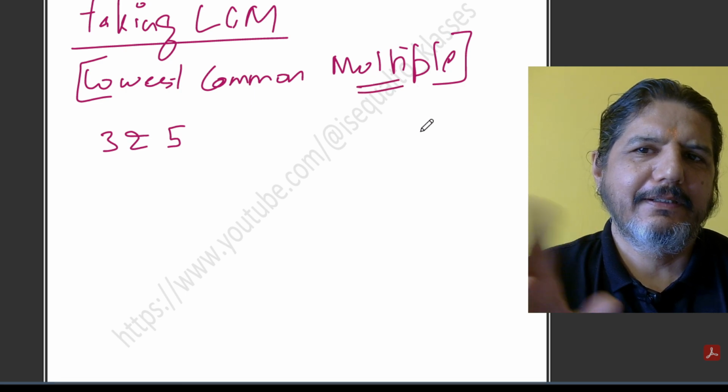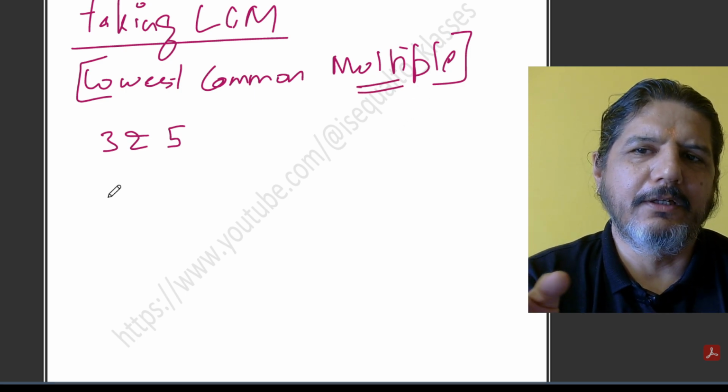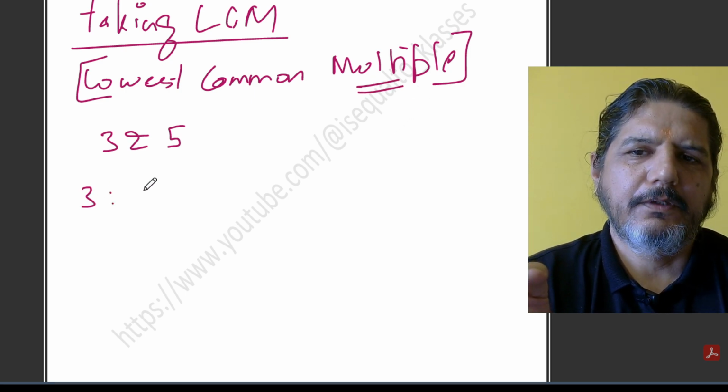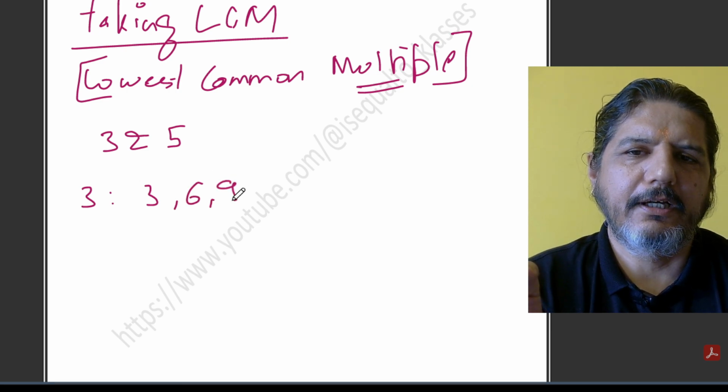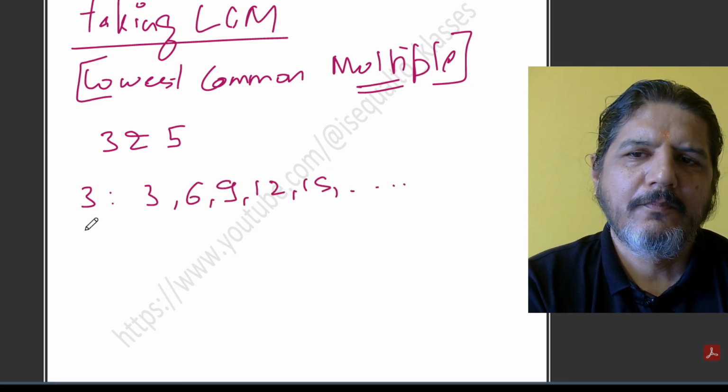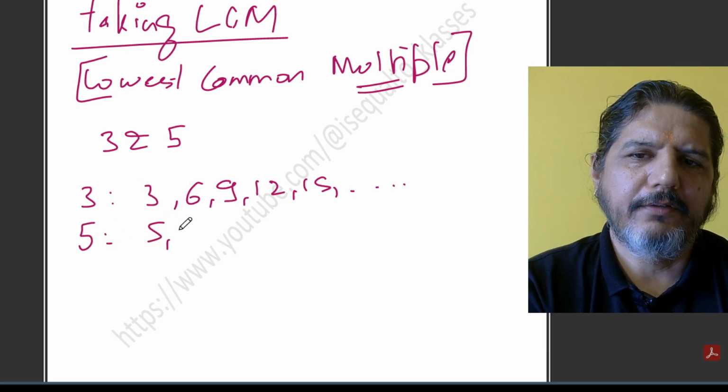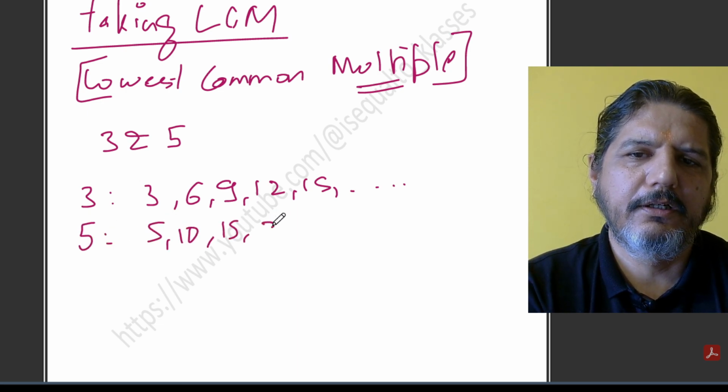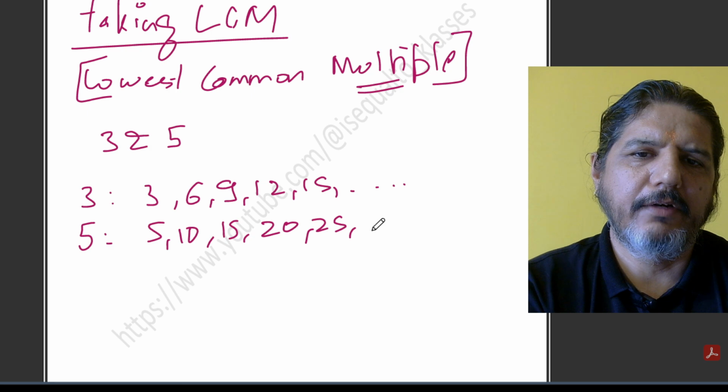The first thing that is mentioned in LCM is a multiple. So the multiples of 3 are 3, 6, 9, 12, 15 and so on. Basically the table of 3. The multiples of 5 are 5, 10, 15, 20, 25 and so on.